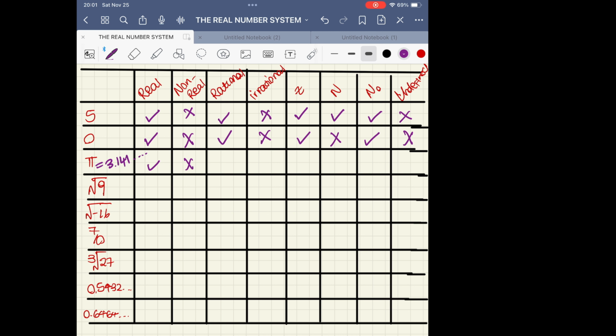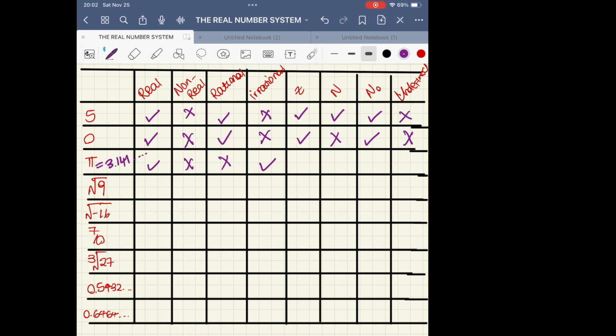Is it rational? No, it's not rational. Why? Because it doesn't have a repeating pattern and it's not a terminating decimal. It goes on and on with different numbers all over the place, so it cannot be a rational number.